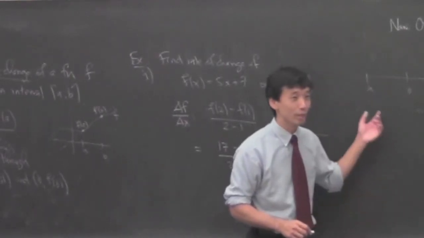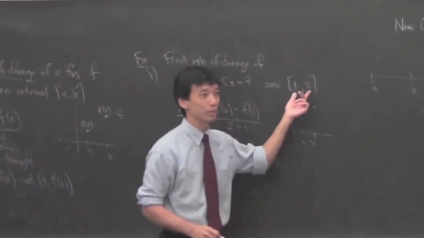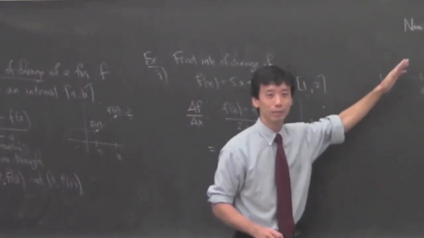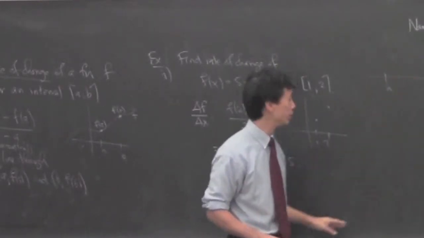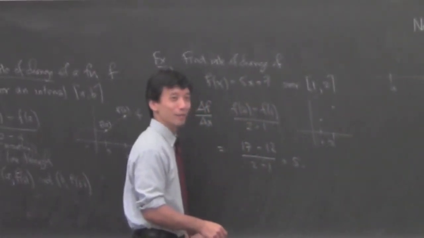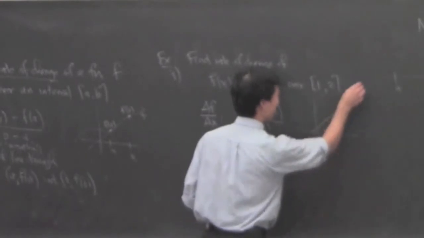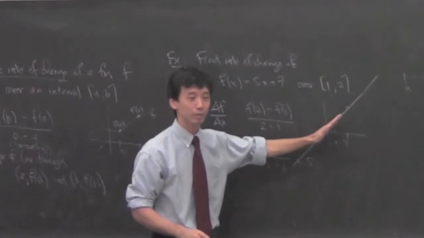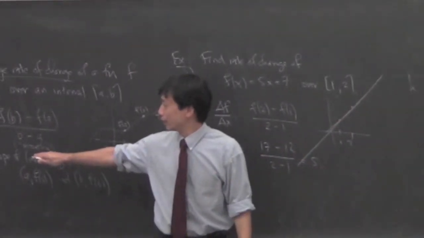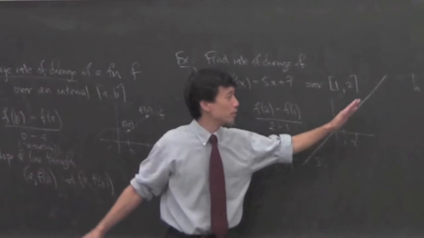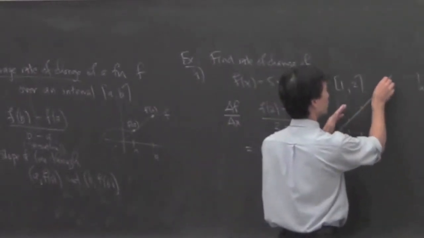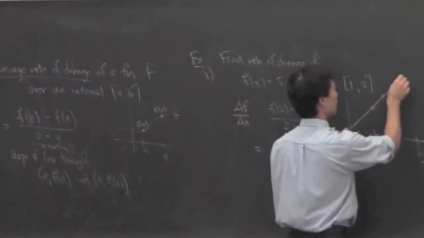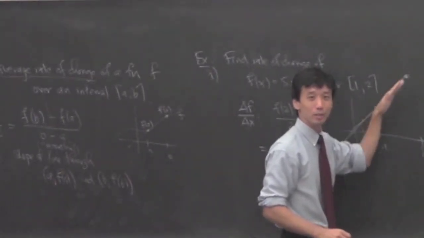So in fact, it didn't matter what points, I could have given you any points here. What we see is that the average rate of change of this function is 5, no matter what interval, and that makes sense because it's a line. Graphically, the rate of change is the slope of the line through those 2 points. Whatever 2 points you take, a and b, the slope is 5. The thing was a line to start off with.